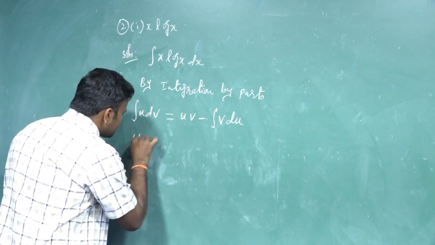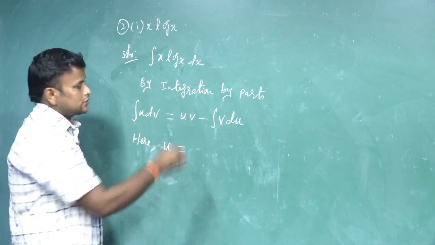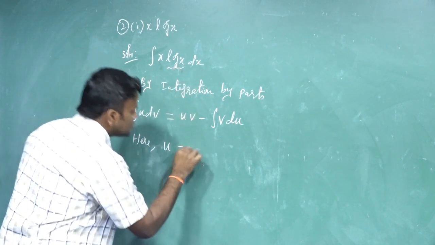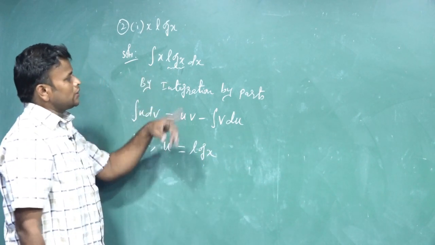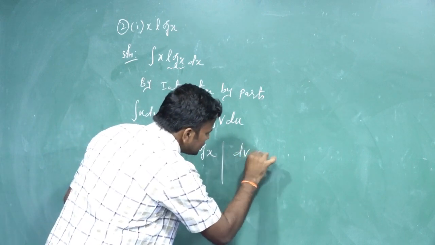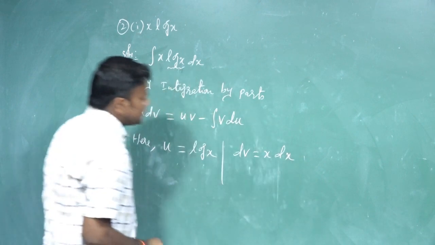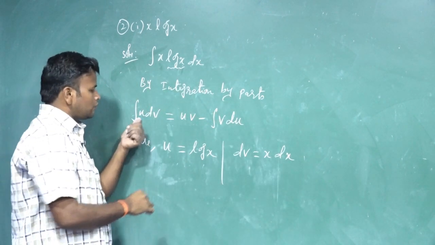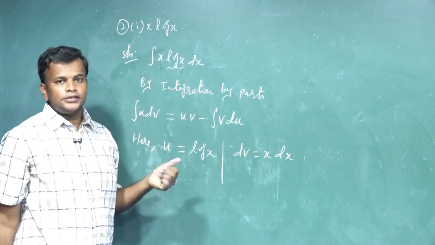So the value of u is log x, and the remaining is x dx, so dv is x dx. That is the LHS: integrating u dv, with u as log x and dv as x dx.